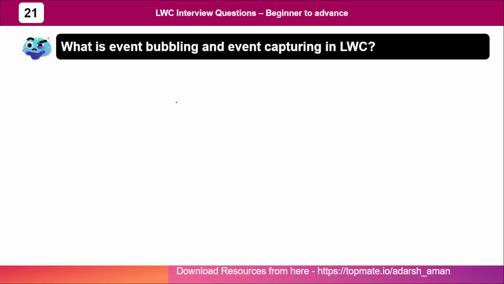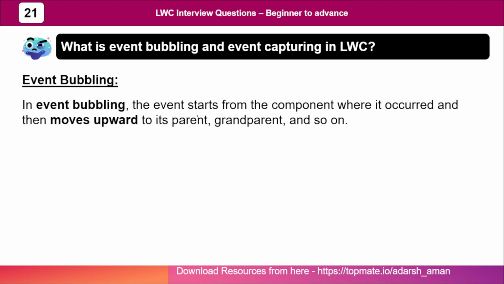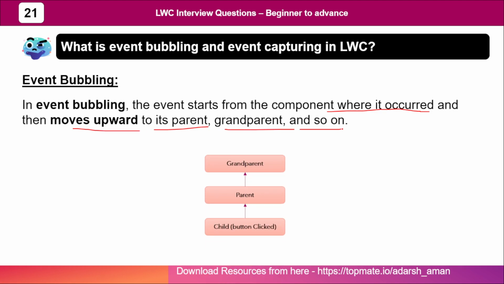Moving on to next question, what is event bubbling and event capturing in LWC? In event bubbling, the event starts from the component where it occurred and moves upward to its parent, grandparent, and so on. Let's see with the help of a diagram. Let's say a button is clicked on the child component. This event will travel to parent and then to grandparent.